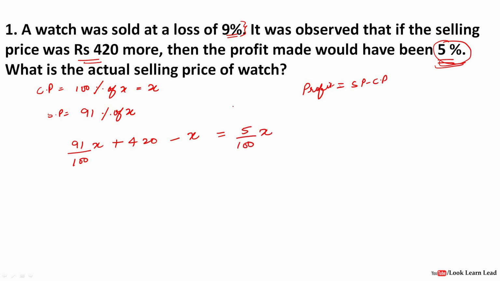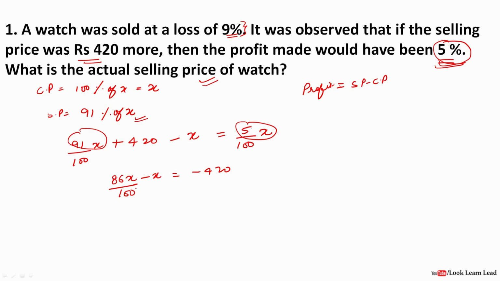Okay, so we have to find the actual selling price. By calculating X, we can find the cost price, and the actual selling price is 91% of X. So let's see how. It is 91X, 91 minus 5. Here it is 91, here it is 5. 91 minus 5 is 86. So we have 86X upon 100 minus X is equal to, this 420 will go here, minus 420.